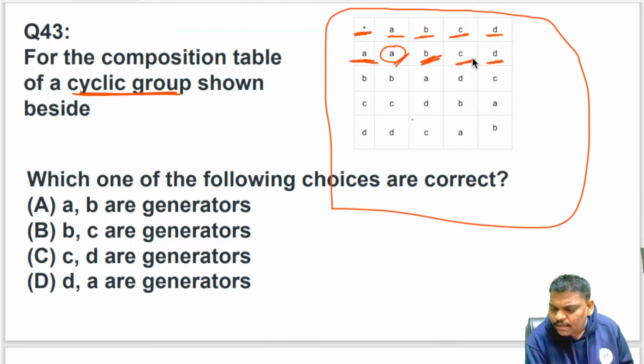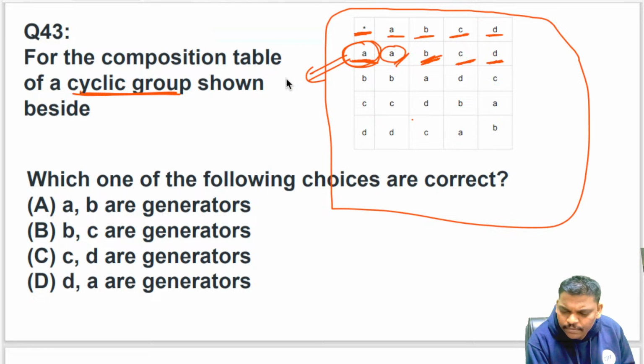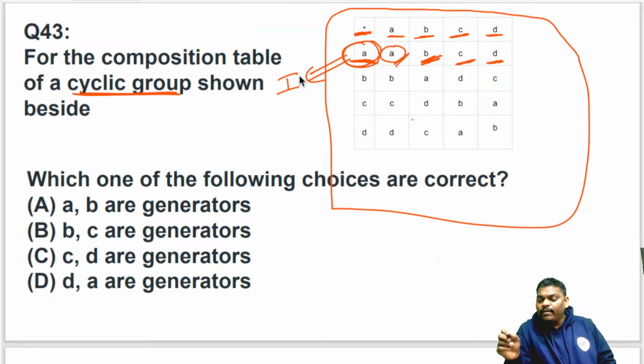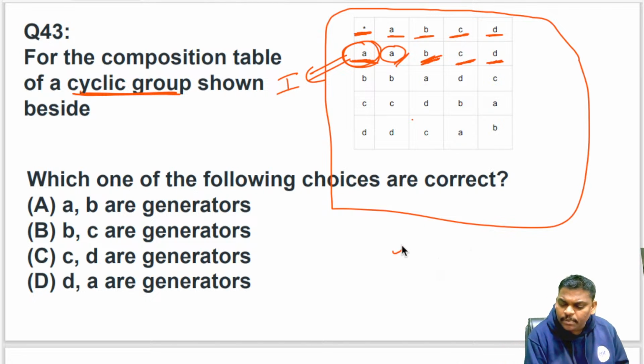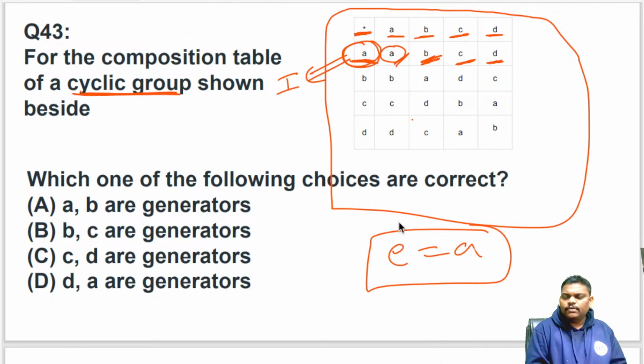So I can say that A is the identity element. So identity element E is equal to A. That is fine.